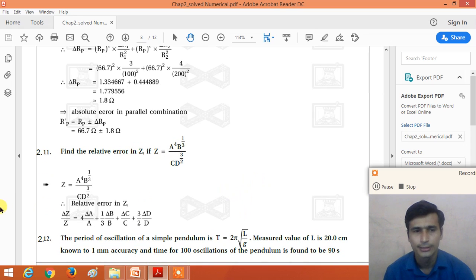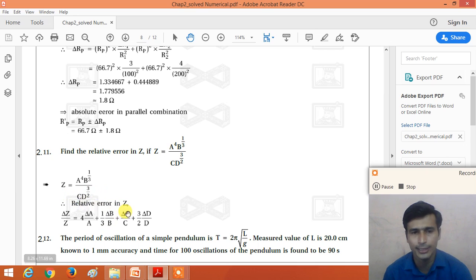So here Z is equal to A raised to 4, B raised to 1/3, divided by C into D raised to 3 by 2. So the relative error in Z, delta Z by Z, is the error in A, delta A by A, but here the power of A is 4, so the error in A is multiplied by 4, plus the relative error in B, delta B by B, but the power of B is 1/3, so we multiply by 1/3.